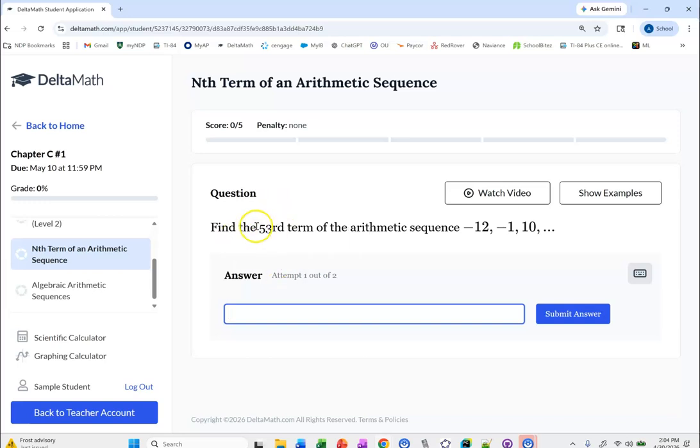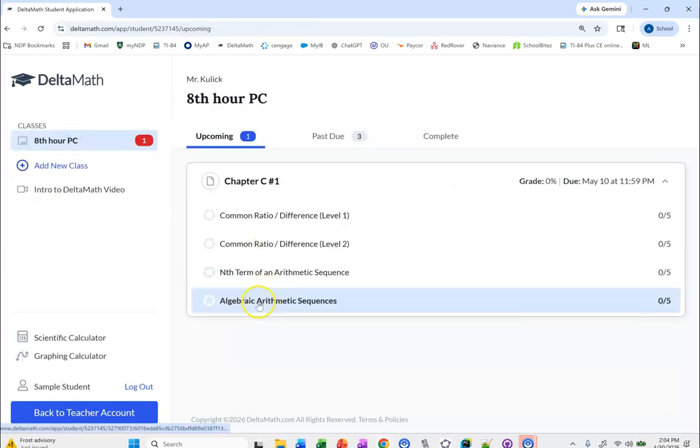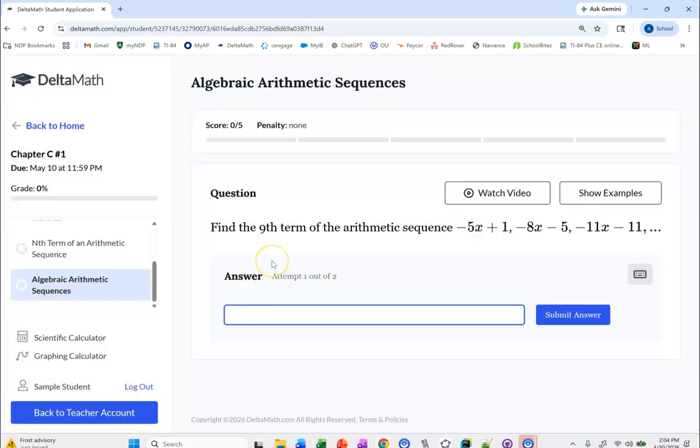Here we're asked to find the 53rd term of the arithmetic sequence. So I'll write the explicit formula, just like we did in the notes, and then plug the 53 into it, and then type in whatever the number is in here. We're good. And the last one is here, which is the same idea, except instead we have terms that are polynomial, but we'll approach it the same way.